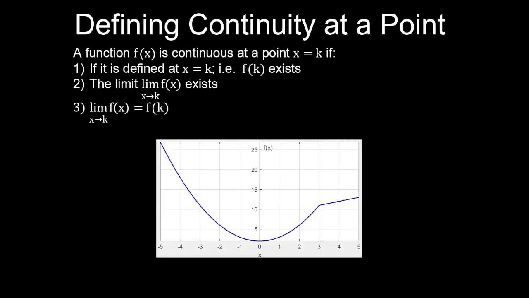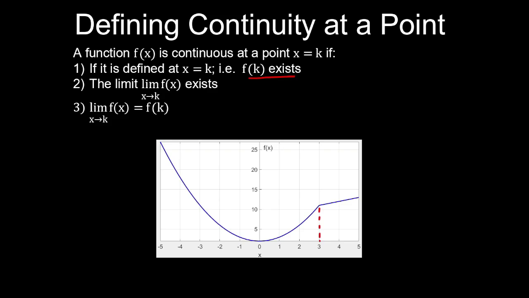Let's define three conditions to determine if a function is continuous at a particular point x equals k. So the first condition is that the function must be defined at x equals k. So using this example, at x equals 3, we can see that the function is defined.